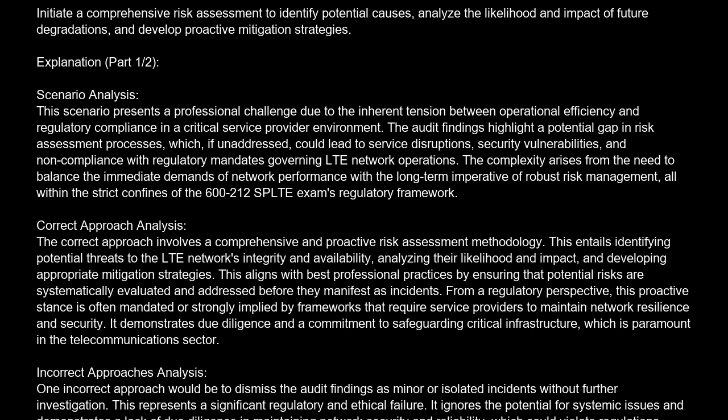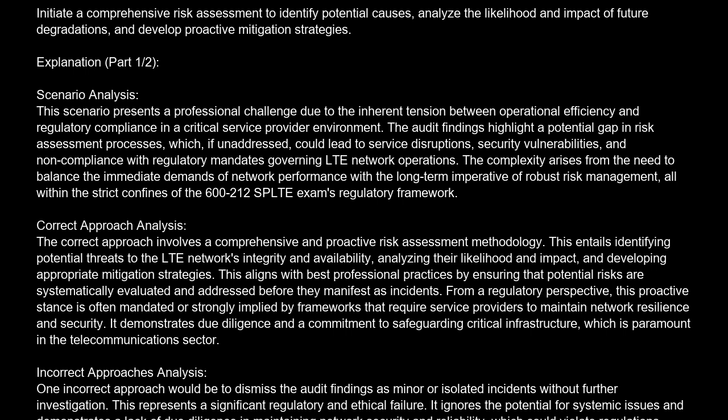From a regulatory perspective, this proactive stance is often mandated or strongly implied by frameworks that require service providers to maintain network resilience and security. It demonstrates due diligence and a commitment to safeguarding critical infrastructure, which is paramount in the telecommunications sector.